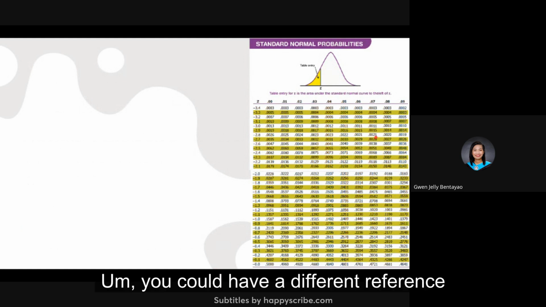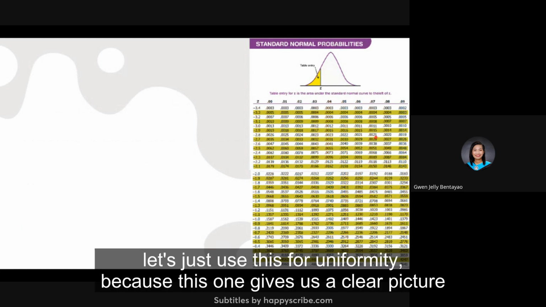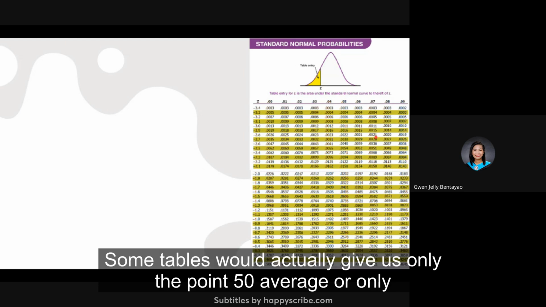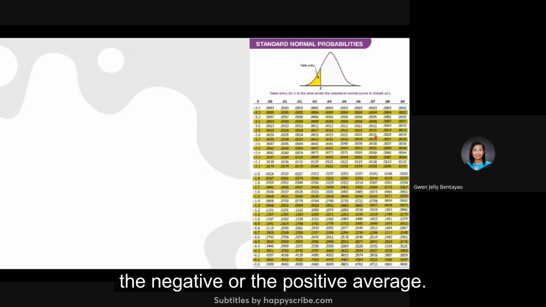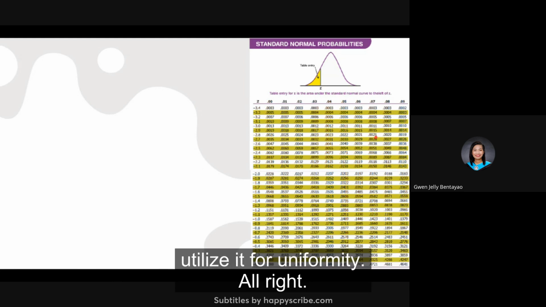You could use a different reference on the internet or in a Google search, but let's just use this for uniformity, because this one gives us a clear picture from the negative curve to the positive curve. Some tables would actually give us only the 0.50 average or only the negative or the positive average. So I have uploaded this one in our Google Classroom and please utilize it for uniformity.